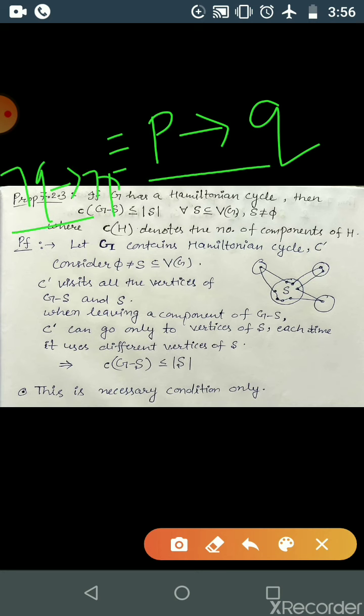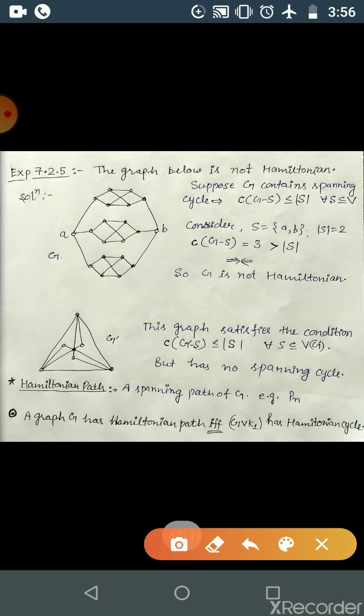Every conditional statement is equivalent to its contrapositive, correct? So this was the contrapositive. If you are able to show that this condition does not hold, then you are able to show that the graph is not Hamiltonian, correct? So here we have done the same, okay?